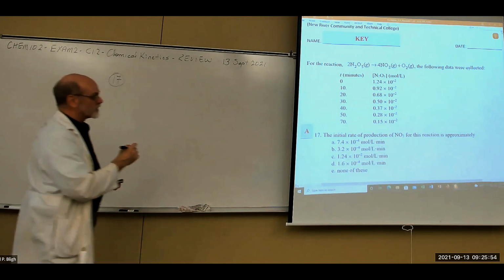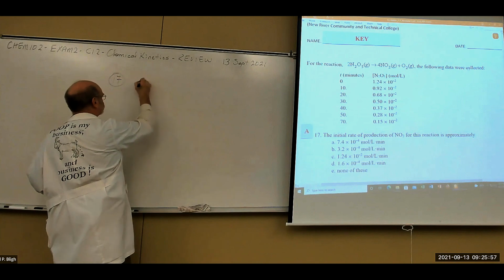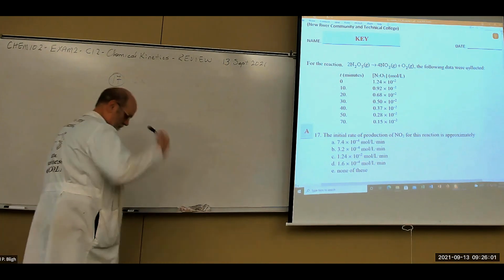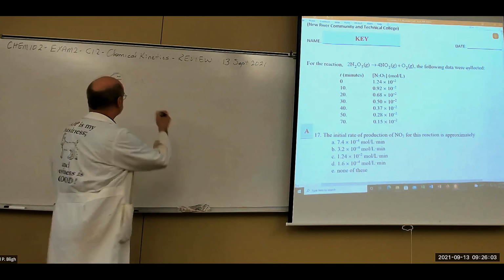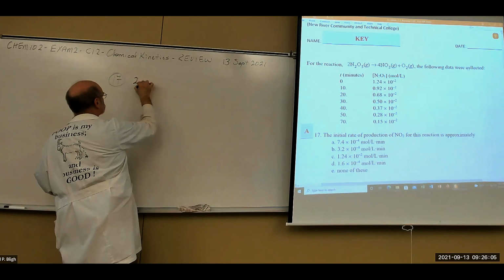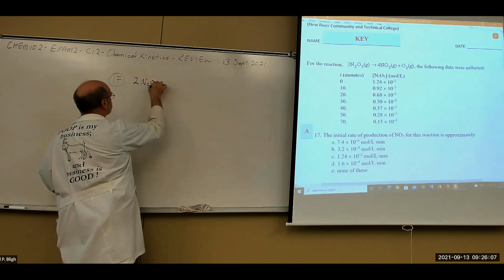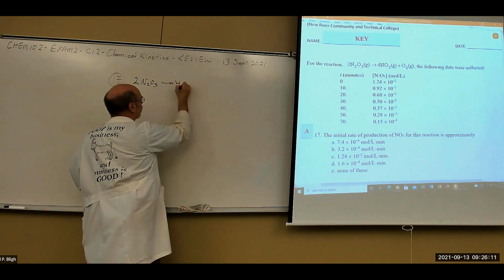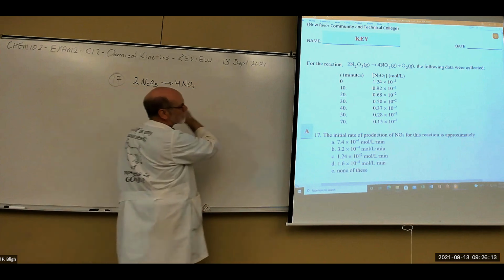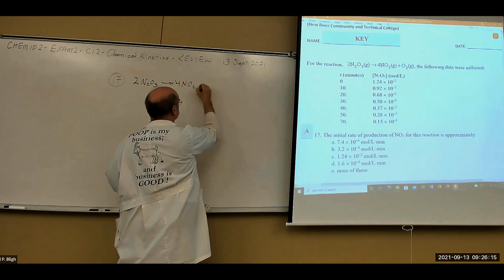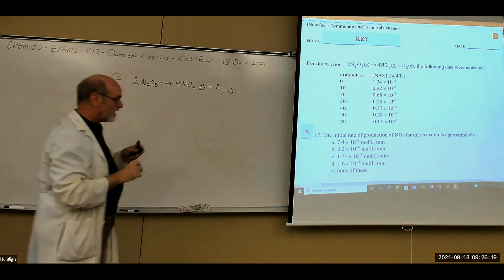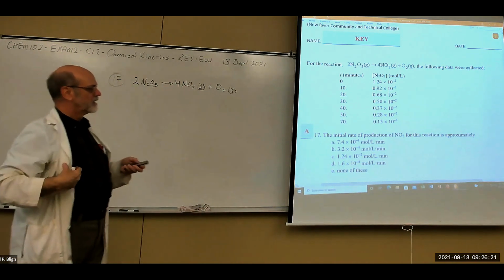All right. So for this equation, 2N2O5 gas yields 4NO2 gas plus oxygen. Okay, and we have that set of data for this reaction.